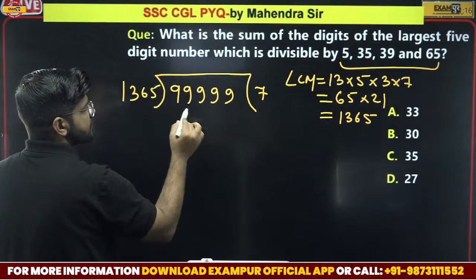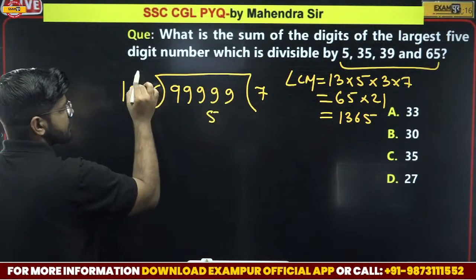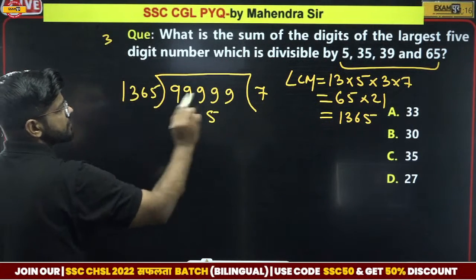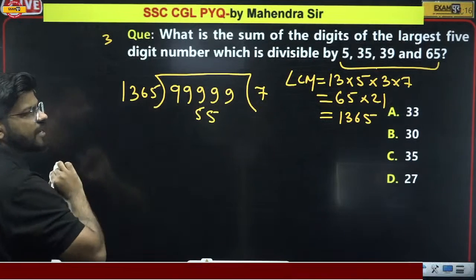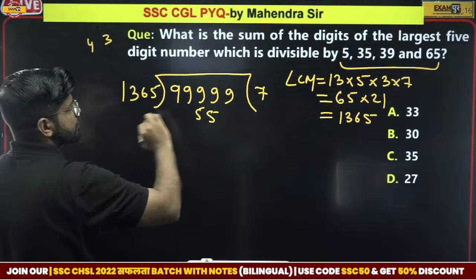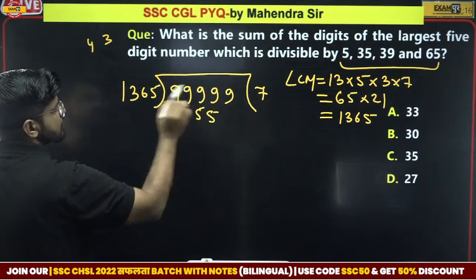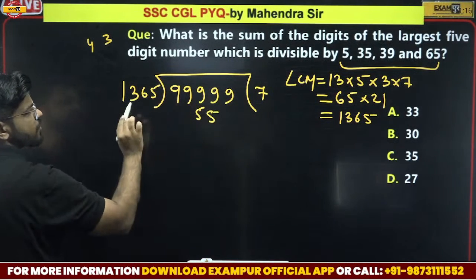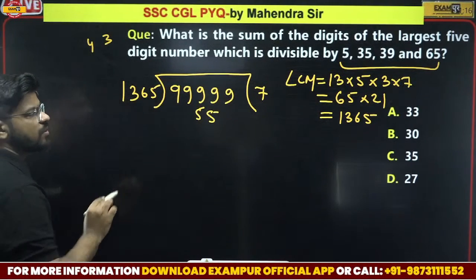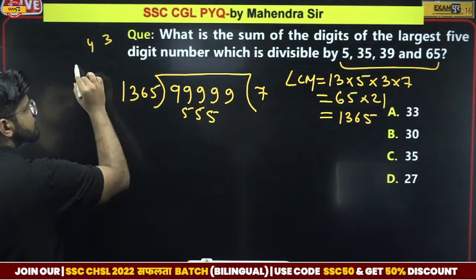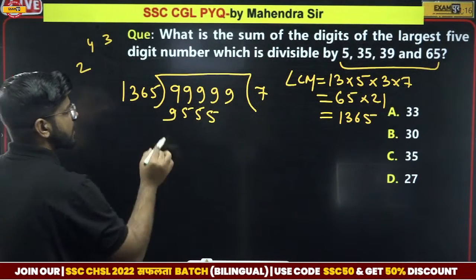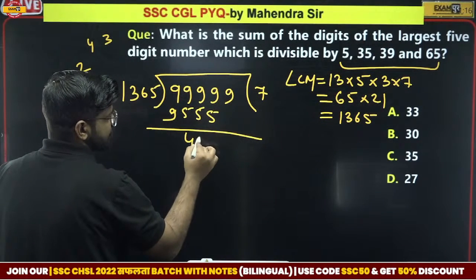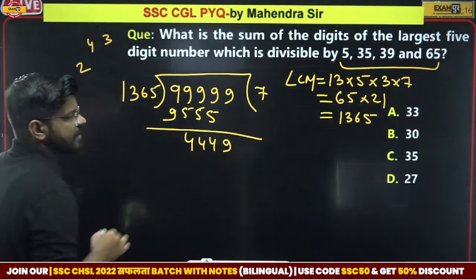So 7 5s are 35, carry 3. So 7 6s are 42 and carry again, we are getting 45. Then 7 3s are 21, 21 and 4 is 25, again carry 2, and 7 1s are 7 and 2 is 9. So we are getting 9 here.